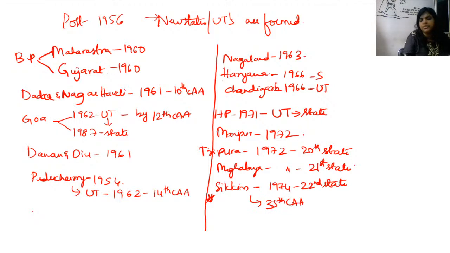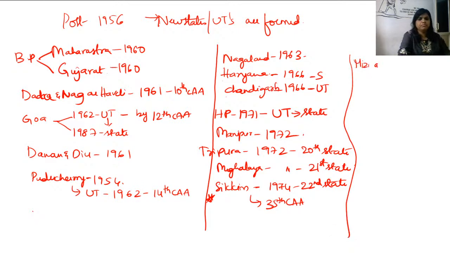It was accorded the 22nd state through the 35th Constitutional Amendment Act, 1974. Sikkim was actually promoted as a state of India. Next, you have Mizoram, created in the year 1987, 23rd state.